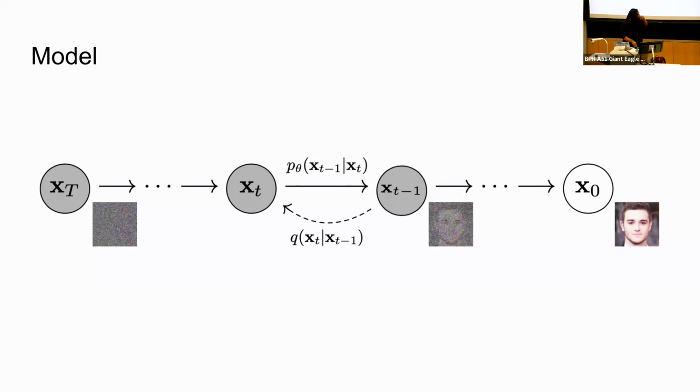So we may not get back to whoever that guy is, but we'll get to a picture of a face. And this is better than VAEs because as you saw last class, we got all those fuzzy faces, right? So in this case, you get a lot of clear faces, and that's because of what we're going to see later, which is our UNet and how we set that up, okay?